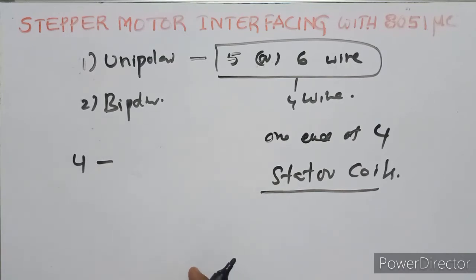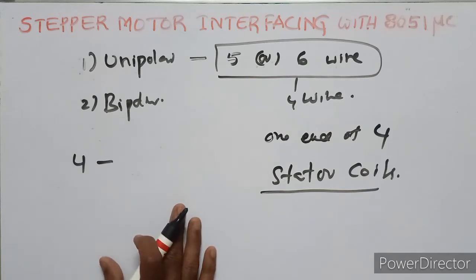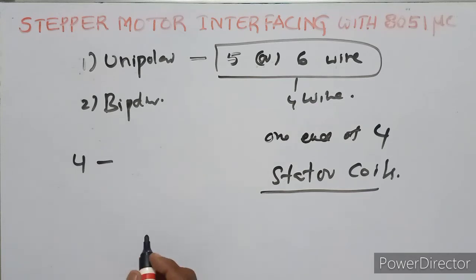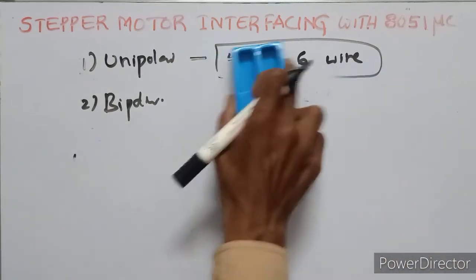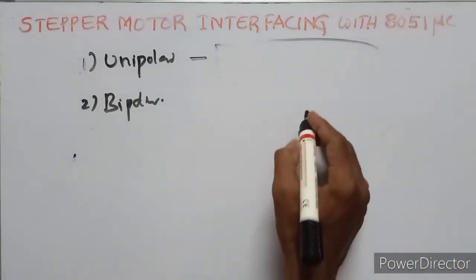That is called the common wire or common point. Generally there are two common wires, formed by connecting one end of two coils, as shown in this figure.